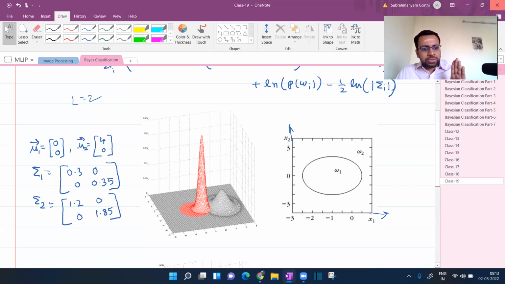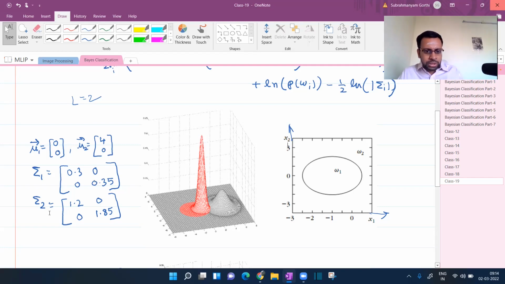So sigma 1 has 0.3 and 0.35. Hope you also remember, what you get for each of them is ellipses. If you recollect, when the off-diagonal elements are 0 and particularly when these values are different, you get ellipses.